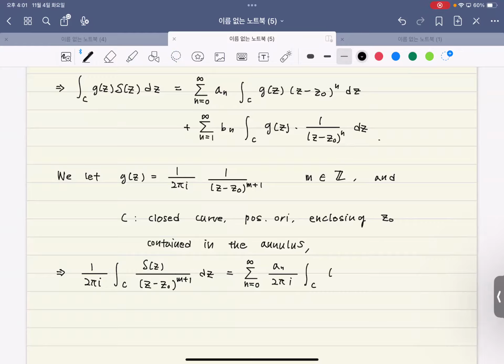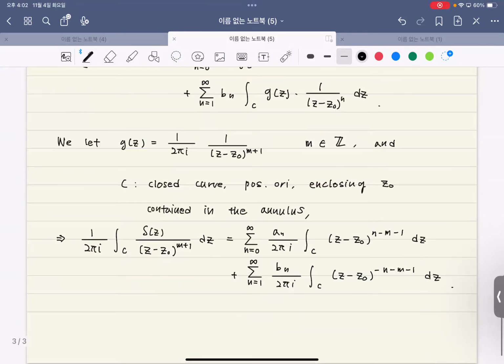So the sum of a_n over 2 pi i times the integral of (z minus z0) to the n minus m minus 1, dz, plus the sum of b_n over 2 pi i times the integral of (z minus z0) to the minus n minus m minus 1, dz.